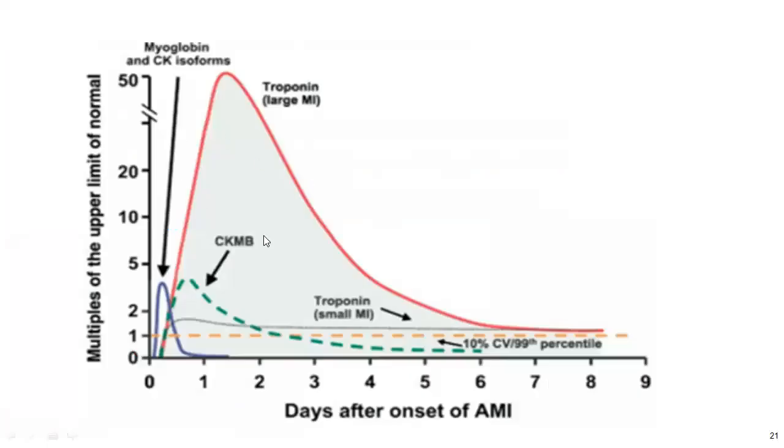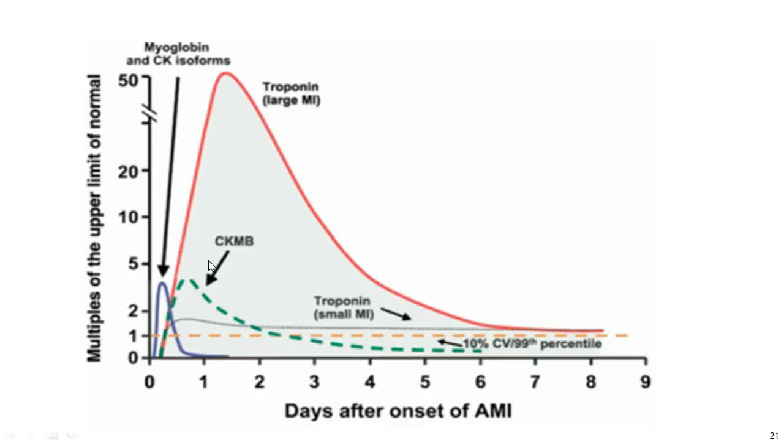In this graph, you can see the X and Y axis. Here it shows the days after the onset of acute MI. Here is the upper limit of the normal cardiac enzyme.